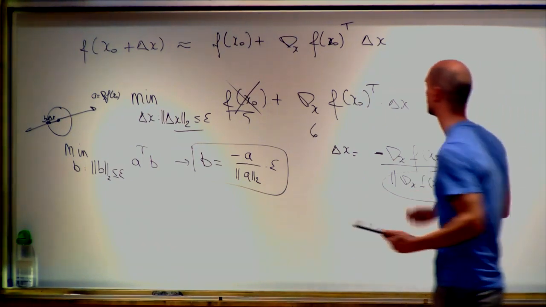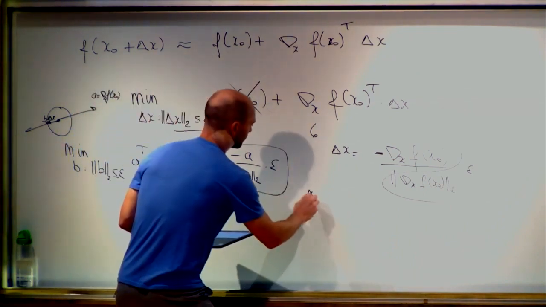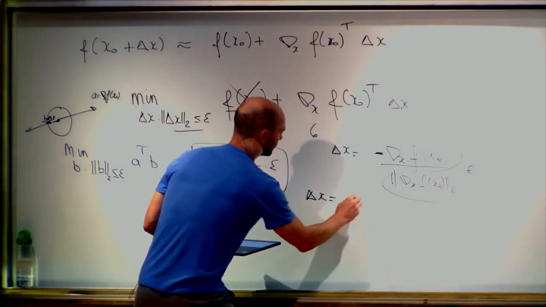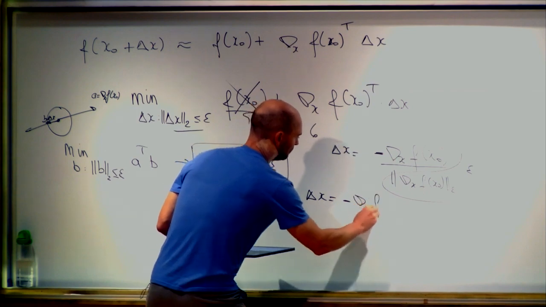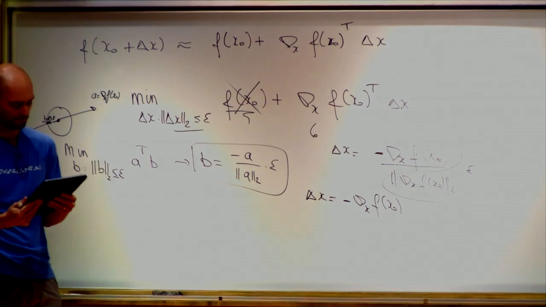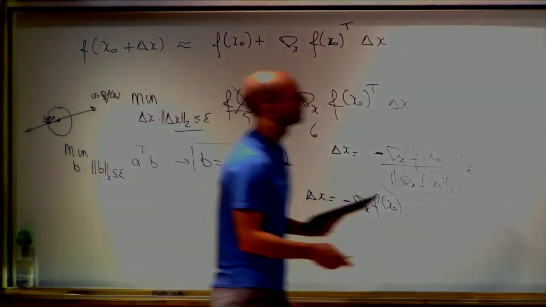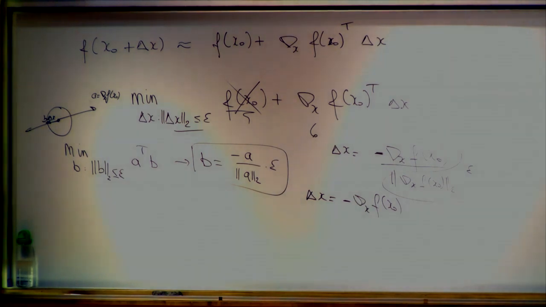So if all we care about is the steepest direction of descent, we can make it as simple as delta x equals negative gradient with respect to x of f at x0. So we now know this: the steepest descent direction, delta x, is the negative gradient with respect to x of f of x. So that's resolved.